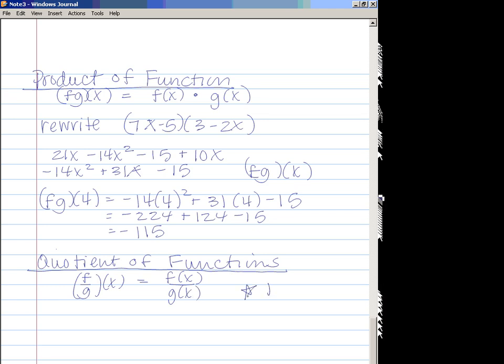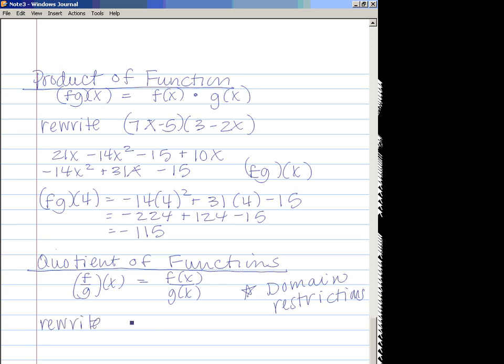We want to pay attention to our domain restrictions. Okay. So if we are given our two functions, that means we have 7x minus 5 over 3 minus 2x.